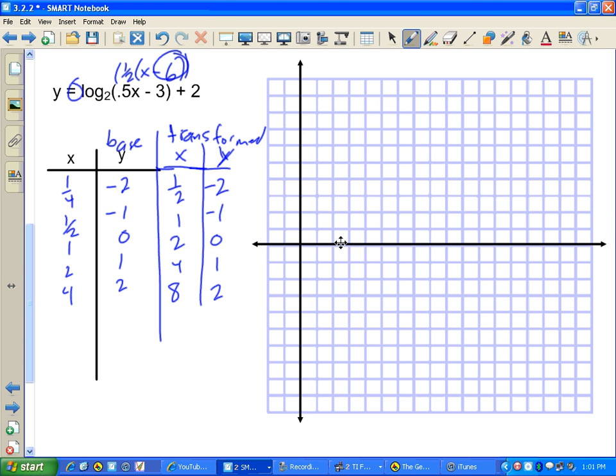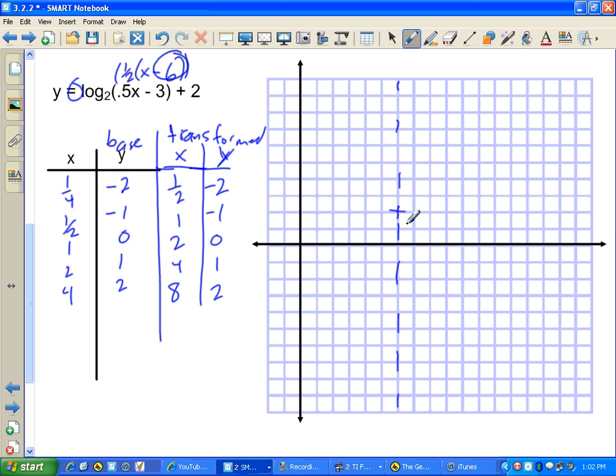So I'm going to go right 6, 1, 2, 3, 4, 5, 6. That is my vertical asymptote. Up to 1, 2. So this is my new 0, 0. Figuratively speaking, this is my new start point.